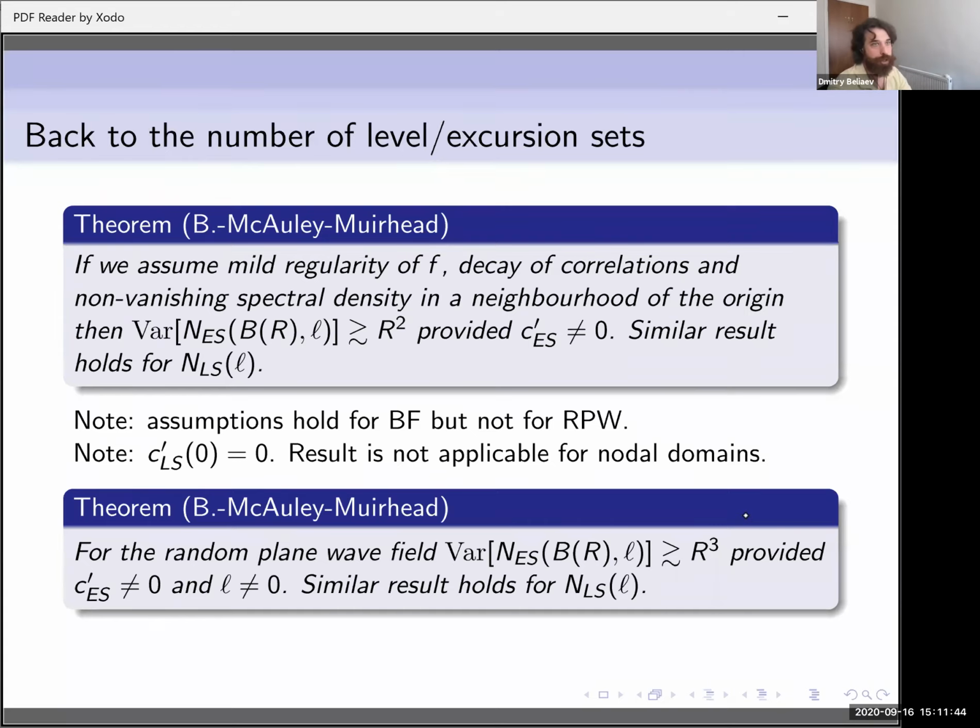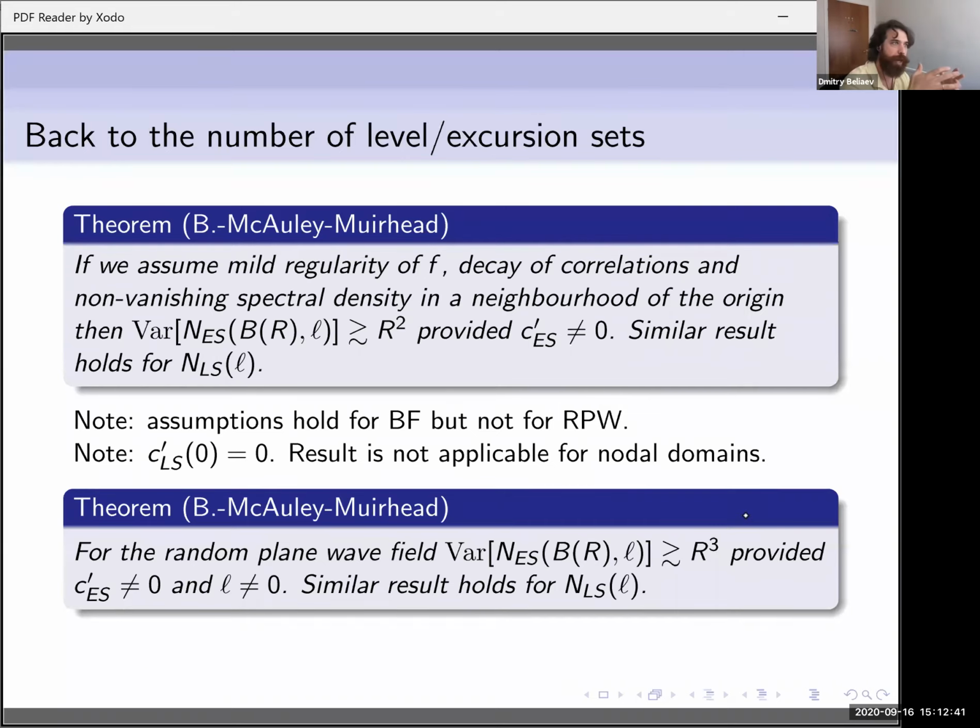Using this kind of Morse theory type of arguments and our previous results about smoothness, we can prove the following result: for generic fields, so if we assume that the field is sufficiently regular, correlations decay sufficiently fast, spectral density at 0 does not vanish, and we assume that this functional C_ES has non-zero derivative at level L, then the variance of the number of excursion sets in a ball of radius r is of order at least r squared.